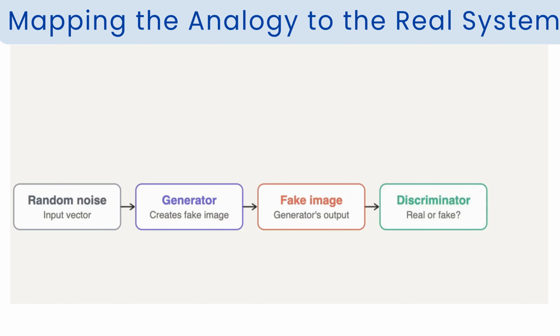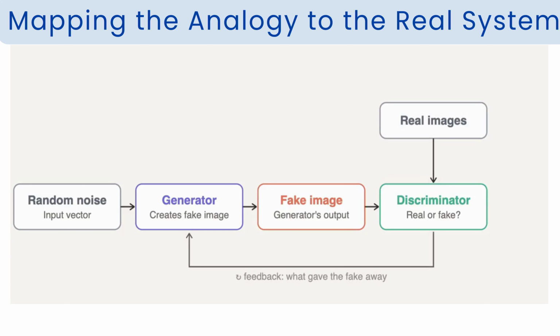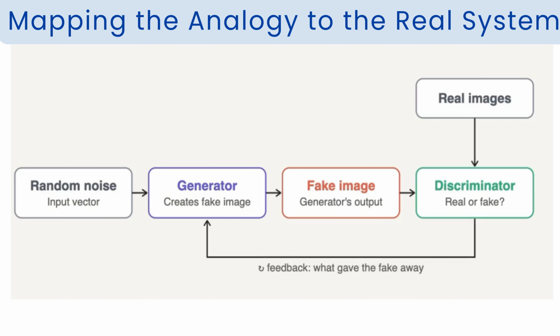You can think of random noise as a collection of random numbers. The generator takes this random input and transforms it into an image. At first, the very first time, the image may look completely meaningless. Okay? But during training, the generator gradually learns how to create more realistic images.